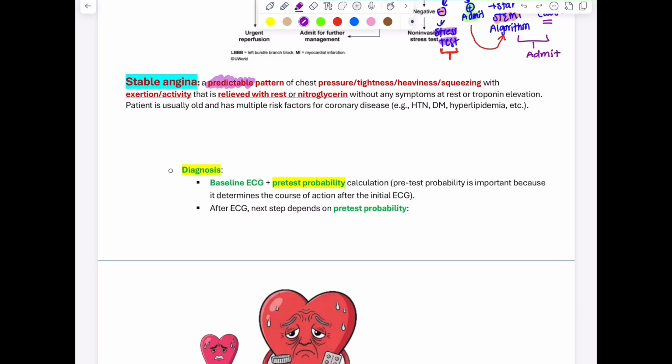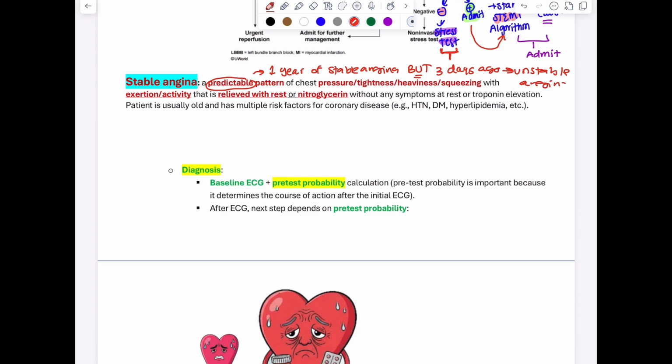I underlined it, I highlighted it, because this is very high yield to know, and because sometimes they would say something like, oh, this patient had a history of 1 year of stable angina. Okay, but 3 days ago, this chest pain happens at rest. Suddenly, this pattern right here, it's no longer predictable, so this is no longer stable angina. This became unstable angina.